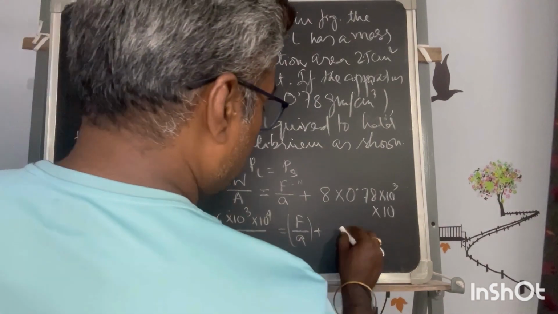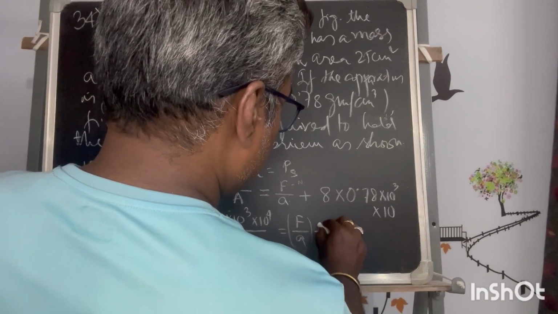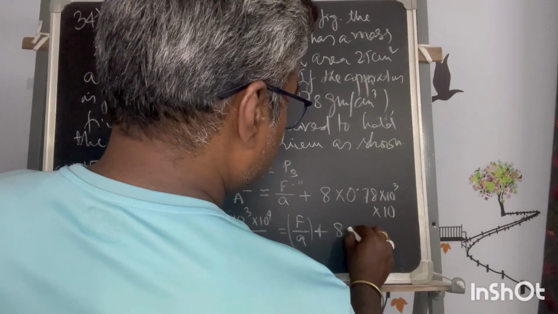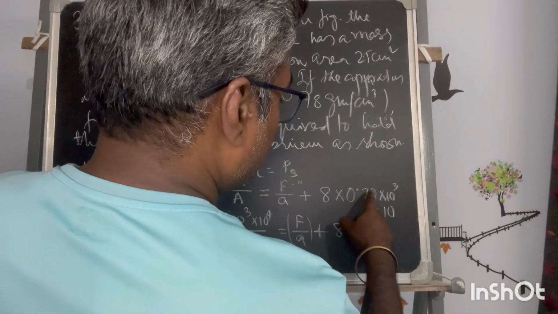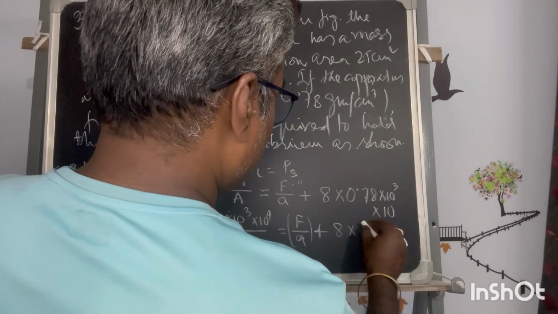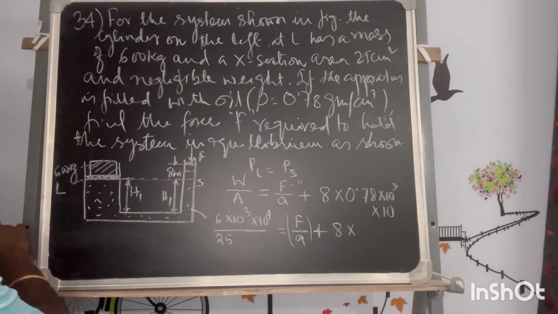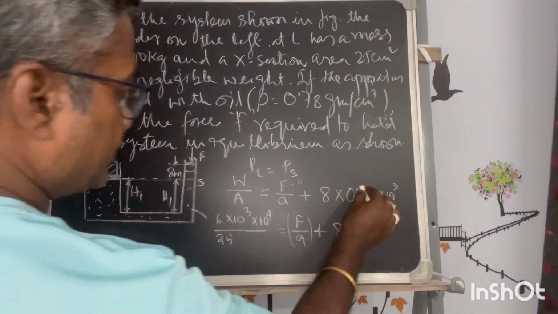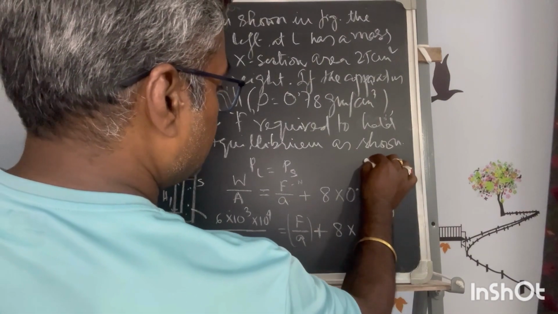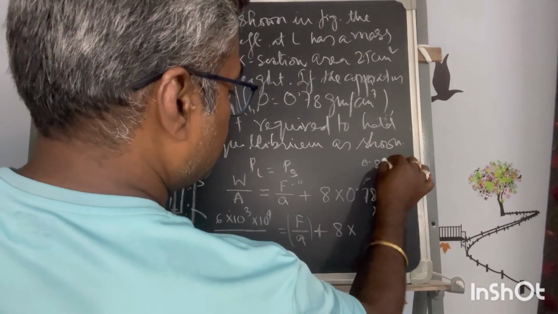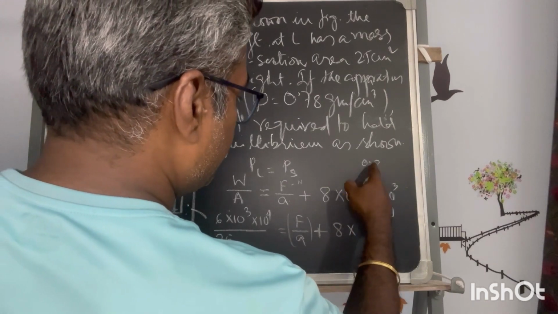Okay, so then if I calculate this, 8 into 10 to the power 4, 0.7, if I multiply with this, 78, almost if I take approximation with 0.8, so it will be 64. I am taking approximation.